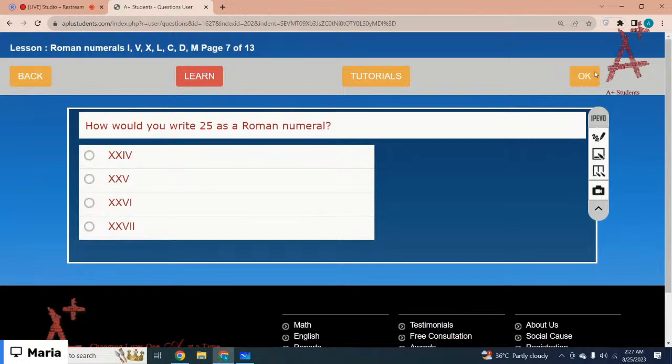How would you write 25 as a Roman numeral? So you can expand 25 as 10 plus 10 plus 5, right?